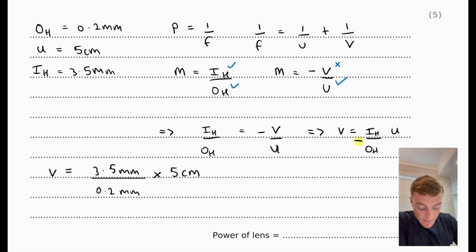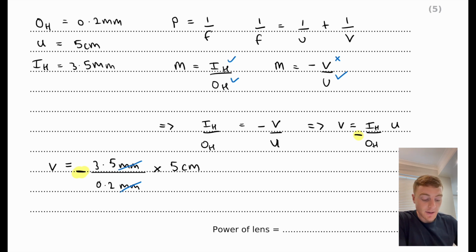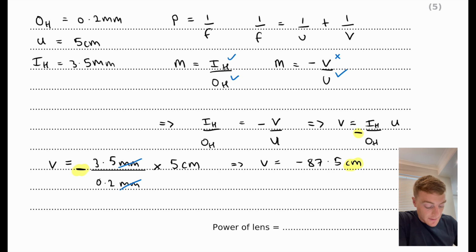Now notice I've kept my units in, okay, and that's because millimeters and millimeters can cancel out. You can just multiply and cancel out units like you would normal numbers. So I'm left with V is equal to minus 87.5 centimeters. And notice I keep writing my units because I don't want to make a mistake there.